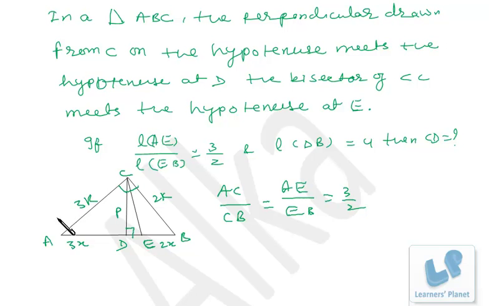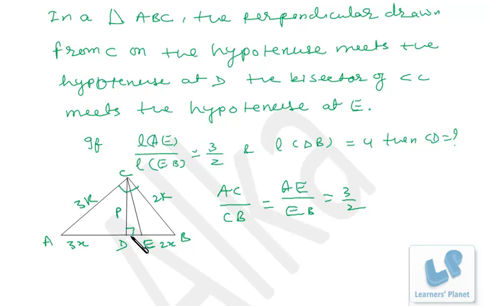So triangle ACB and triangle CDB will be similar to each other, right? I have explained why they are similar. You should know that if it's a right angle triangle and from the right angle vertex you drop a perpendicular on the hypotenuse, then the two triangles and the original are all similar to each other.